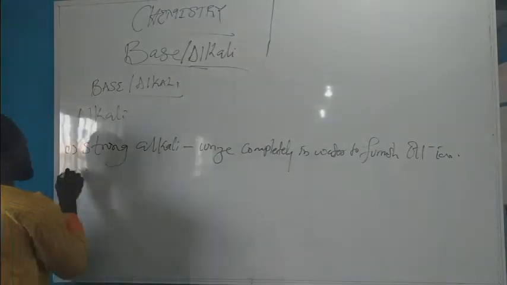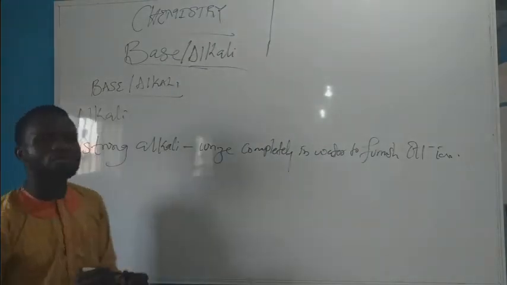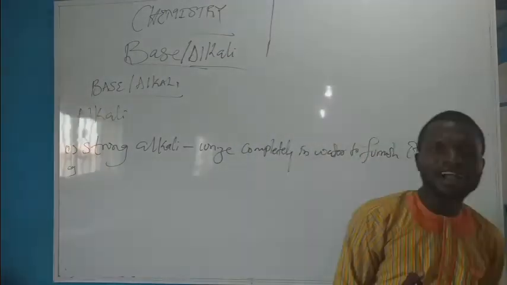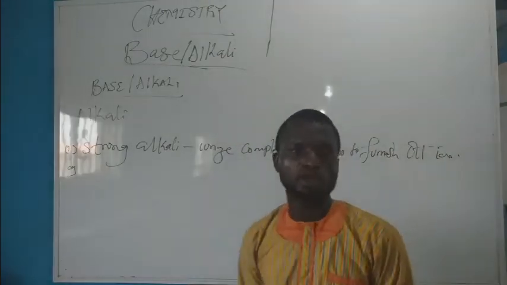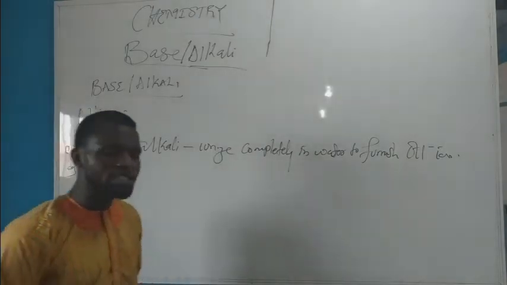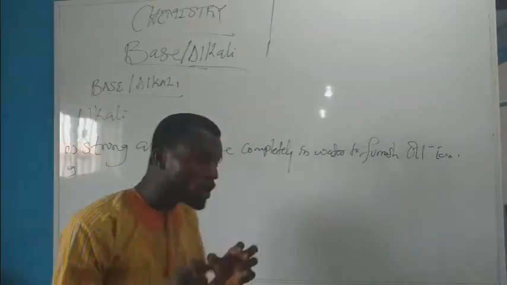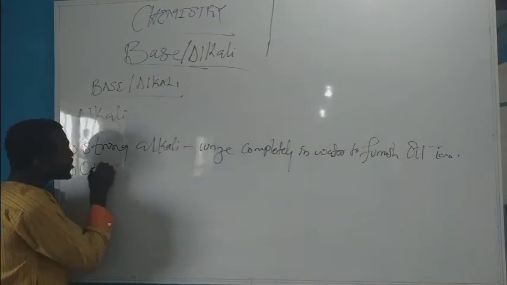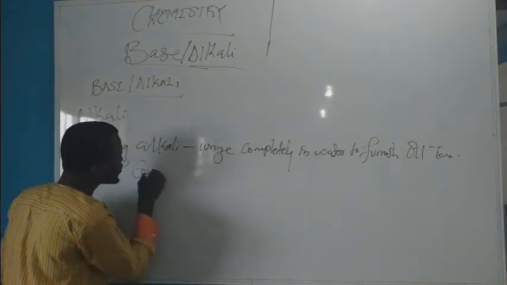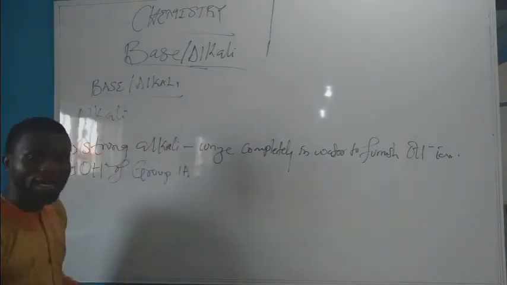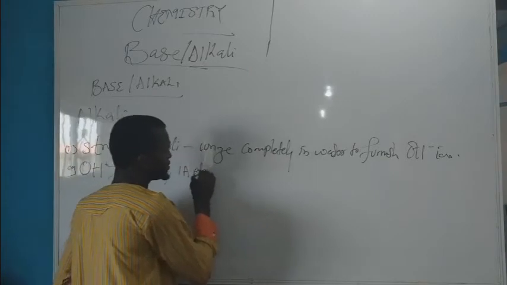Now, example of strong alkaline. You know, sometimes when students are asked to list strong alkaline, they always find it difficult to rattle off. Now, a simple key note that will enable you to rattle off strong alkaline is simply to say hydroxide of group 1A elements.